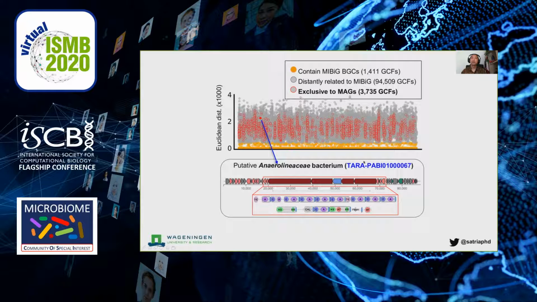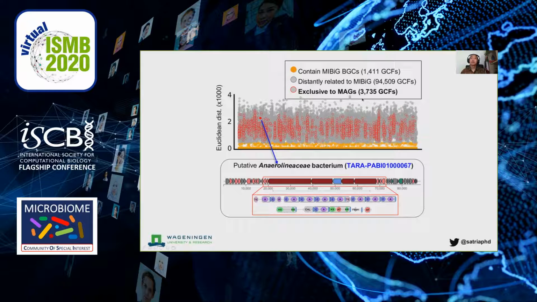So here on these orange dots, you see the GCFs closely related to or including known BGCs from MIBiG. And there you see that more than 95% of the BGCs and GCFs out there are still distantly related from any known BGCs from MIBiG.